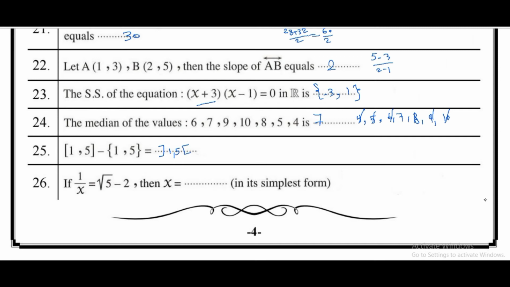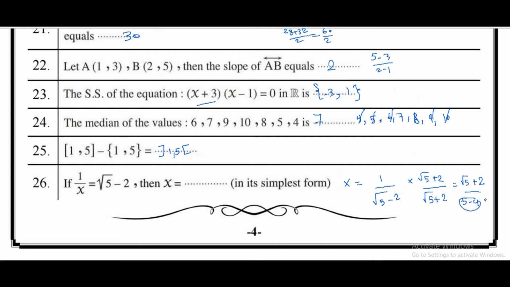1 over x equals root 5 minus 2. Then x equals 1 over root 5 minus 2. Multiply by the conjugate, root 5 plus 2 over root 5 plus 2, equals root 5 plus 2 over the conjugate. In the multiplication I do first times first, root 5 times root 5 is 5, minus second times second, 2 times 2 is 4. 5 minus 4 is 1.